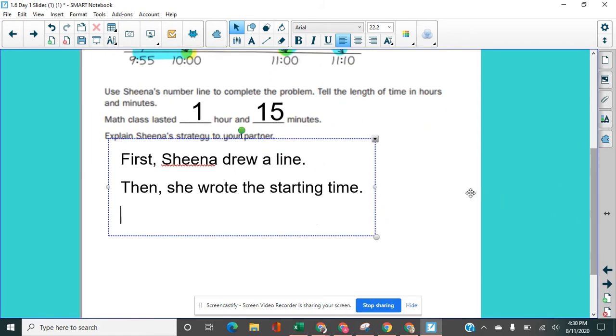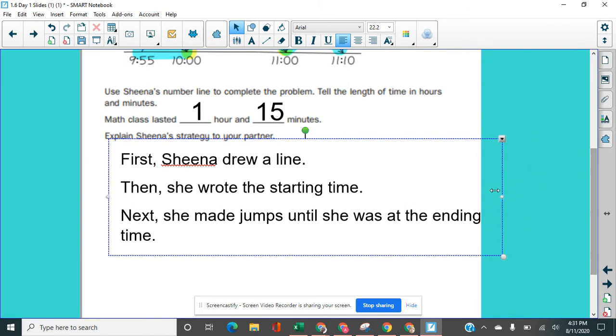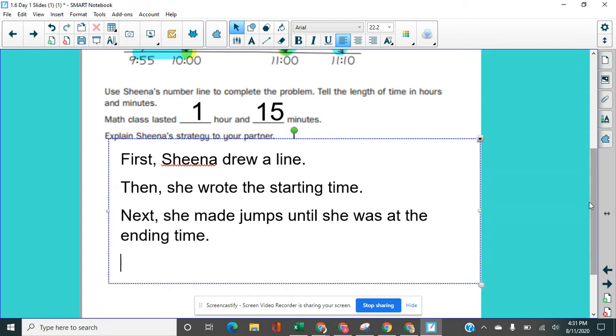Okay. Let's use the word next. We could use the word then. Next, she made jumps, and I'm going to talk about those jumps in a little bit. Jumps until she was at the ending time. Okay, so that's the third step. And then her last step, right? What she did last.